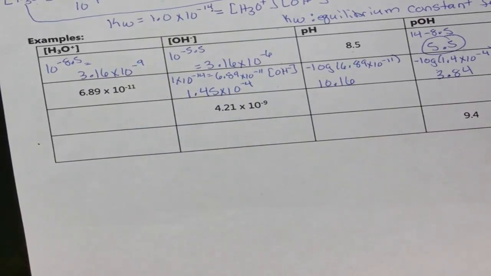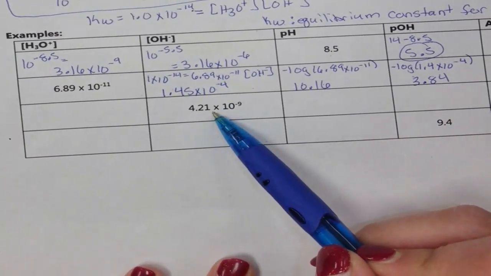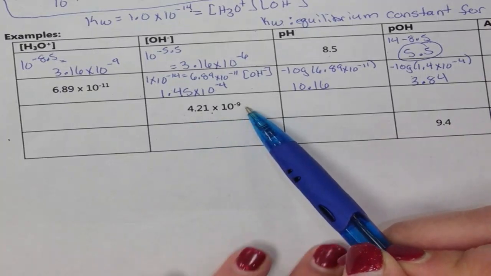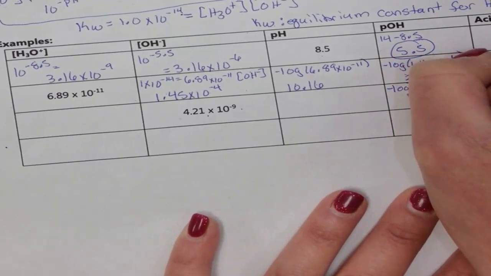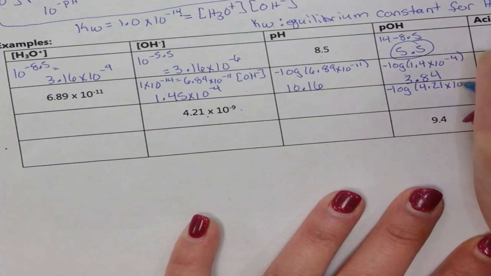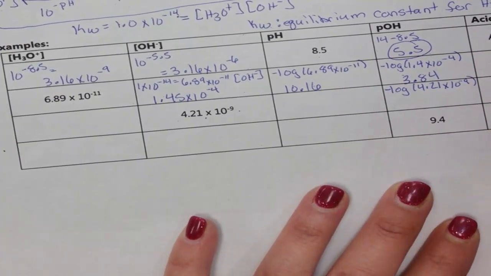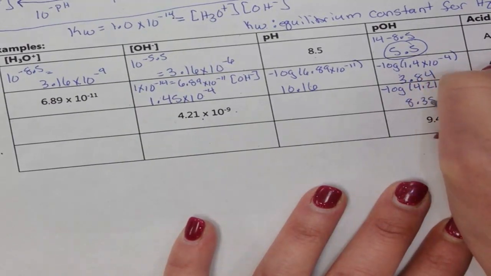All right, let's do another problem. I have my 4.21 times 10 to the negative 9, and I'm going to negative log that value to find my pOH. The negative log of 4.21 times 10 to the negative 9 is 8.38.